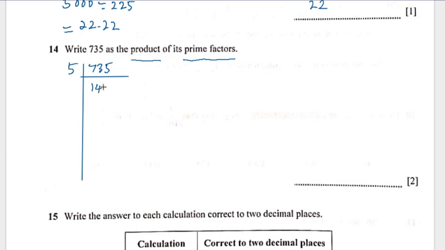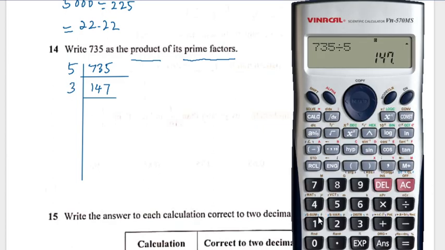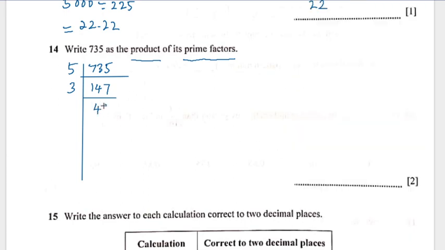Then I write here 147. You only divide by prime numbers. I believe this one can be divided by 3. So 147 divided by 3, we will get 49. Alright, one more. And also, we can divide by 7. 7 is a prime number. And here, divide by 7 again until you get 1.